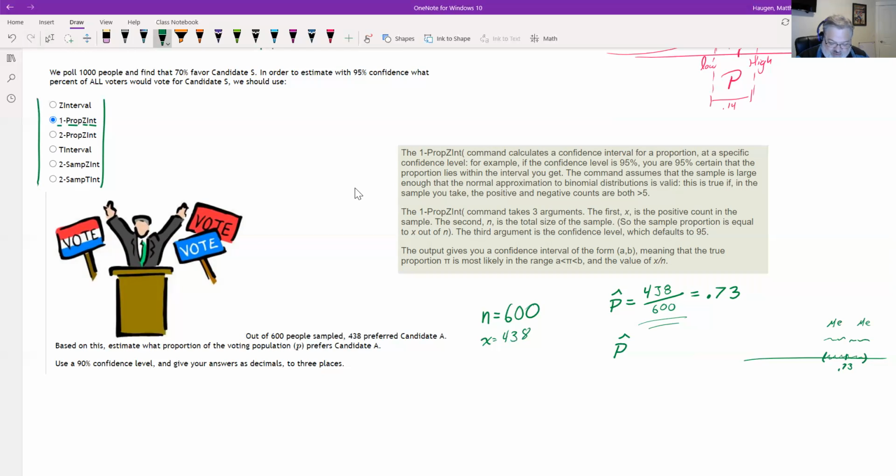Well, how do we find that margin of error? That's our critical value, our Z for the 0.05. Again, that 0.05 is the tail size for a 90%. Times our standard error. How do we find standard error? That's our square root of PQ over N.